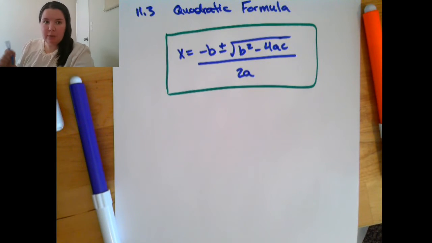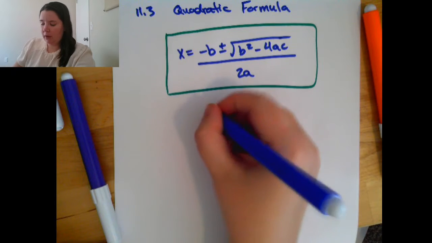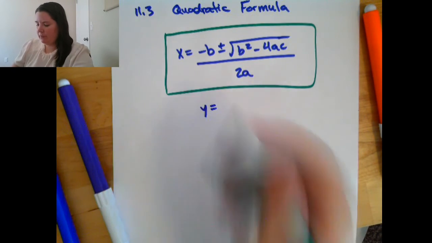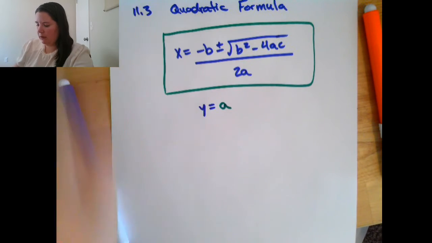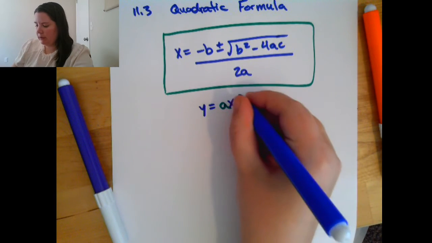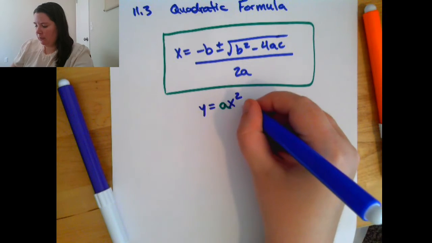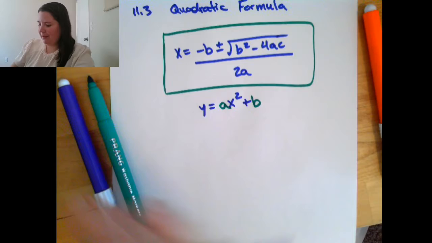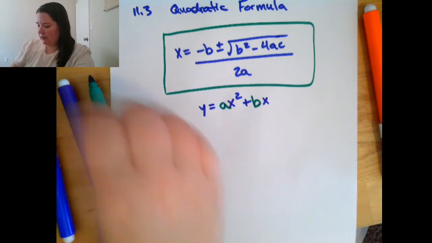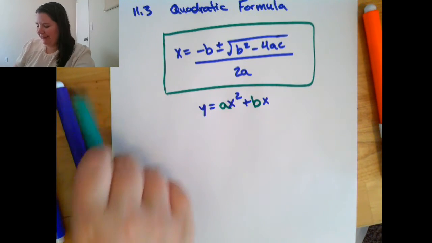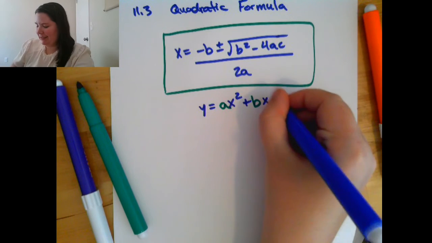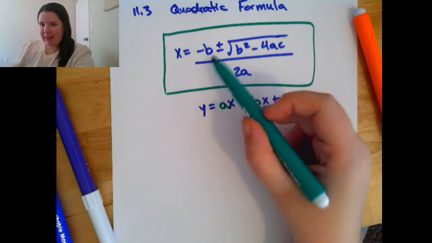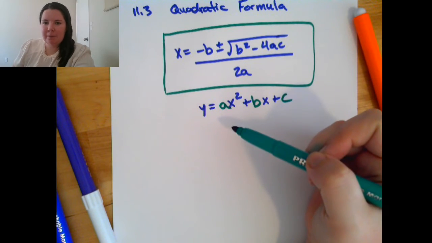This comes from the standard form, y equals, I'll use different colors here, a x squared plus b x, what color am I on? Blue, plus c. That's what all of these letters are from.